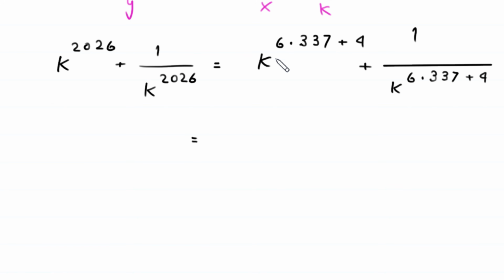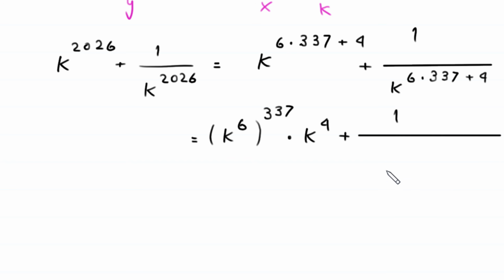Next, this expression can be written as (k^6)^337 times k^4, plus 1 divided by (k^6)^337 times k^4.